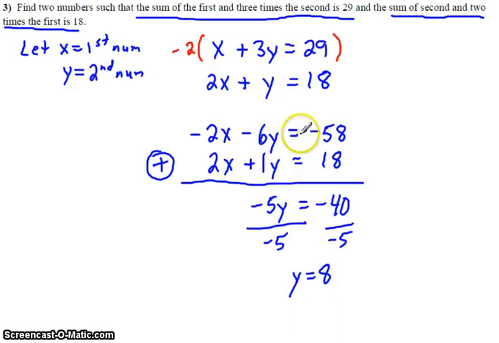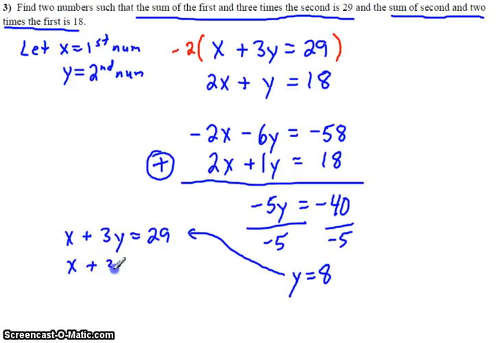And this isn't so easy, so I'm going to sub in y equals 8 into, I guess it really doesn't matter, the top original equation. So the original equation was x plus 3y is equal to 29. And I'm going to sub in y is equal to 8 into this. So x plus 3 times 8 is equal to 29.